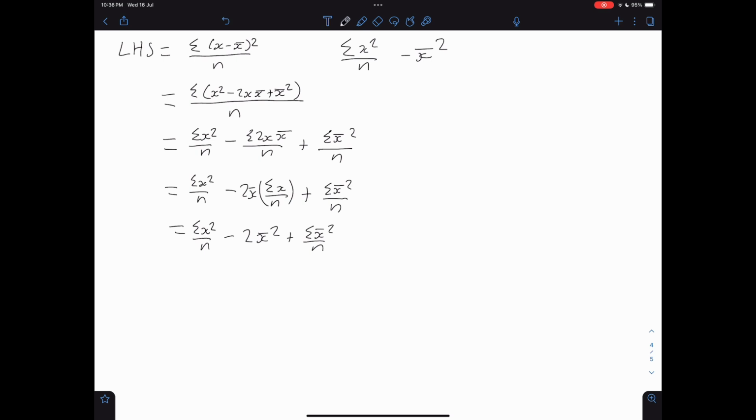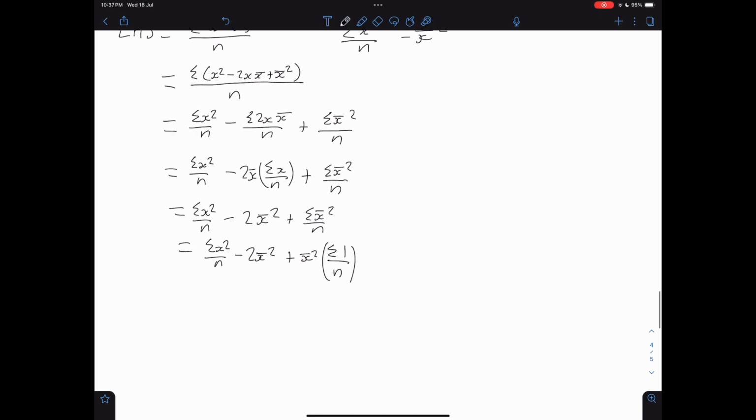Now this next one, we can focus on that last term and remove that x bar squared and leave the sum of 1 over n. What this summation means is we've got n values of x, because the x values represent each value in our data set.